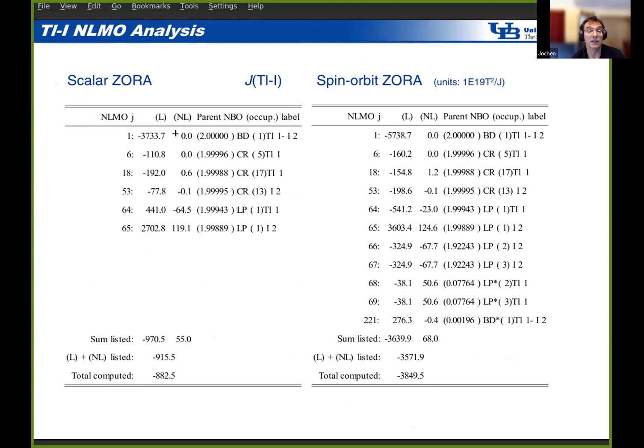And you can see, okay, there's a bond between the two atoms. No big surprise that that is the bulk of the coupling constant, along with one of the iodine lone pairs and one of the thallium lone pairs, and some contributions from the heavy elements' outer cores, which you always see. And then in the presence of spin-orbit coupling, this is analyzed in the publication.